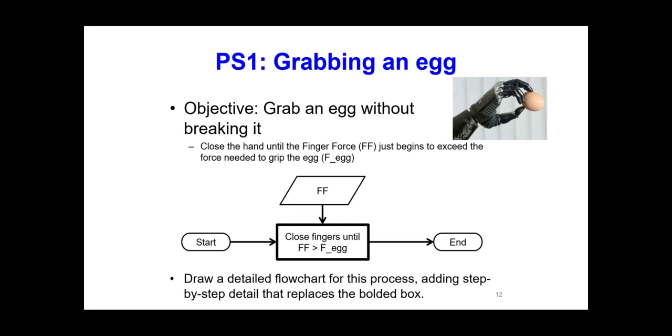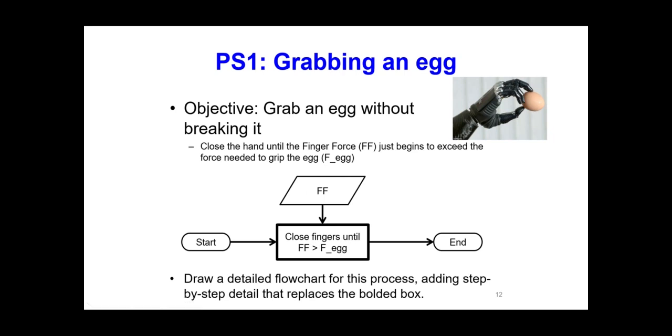The next part of your problem set, you're going to do a different challenge, is you're going to be looking at how you would program this robotic hand to grab an egg without breaking it. And the basic idea is that we're going to imagine there are force sensors within the fingertips there, and that the robot is going to keep closing its fingers until the finger force exceeds some threshold force that would be about the force that causes the egg to break.